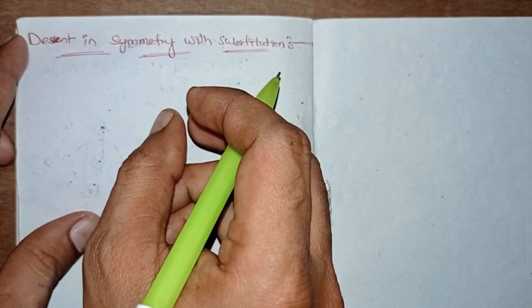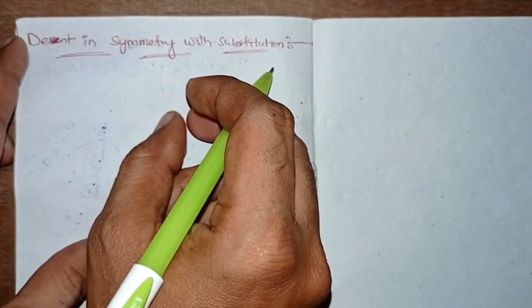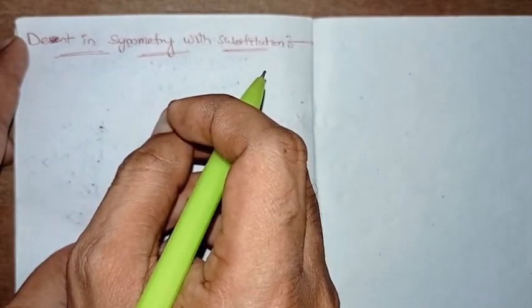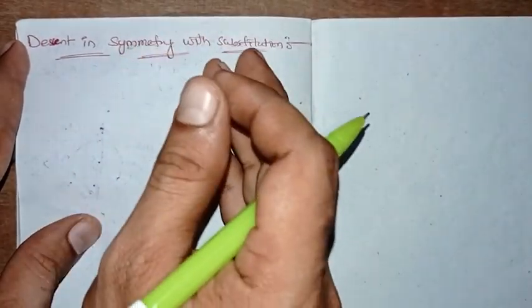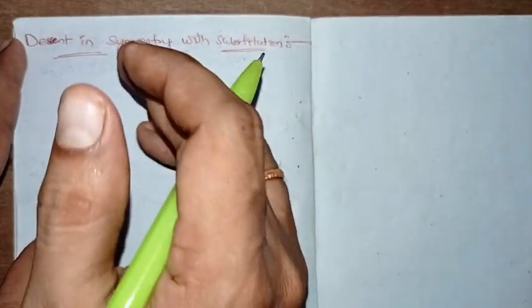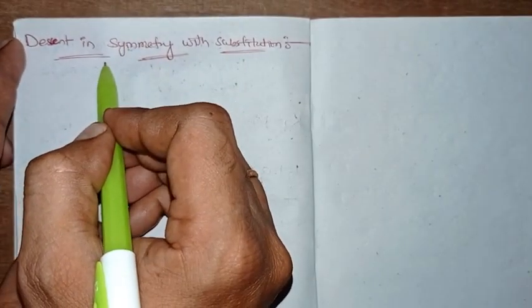This is due to the substitution on the molecule. It makes some of the symmetry elements disappear, some elements to be absent. So this criterion is known as descent in symmetry.